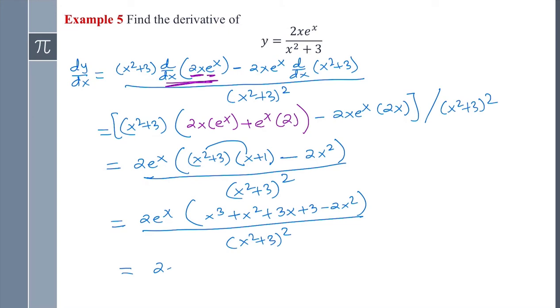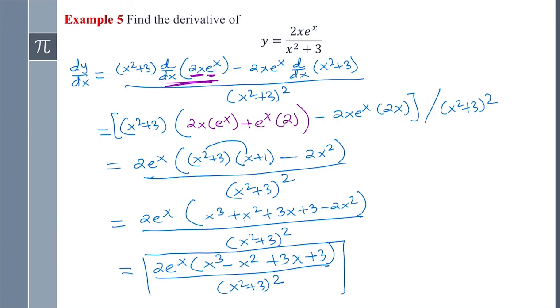Now we have 2e to the x times x cubed, then x squared minus 2x squared, that means minus x squared, then plus 3x plus 3, divided by x squared plus 3 squared. So that is the derivative of that function.